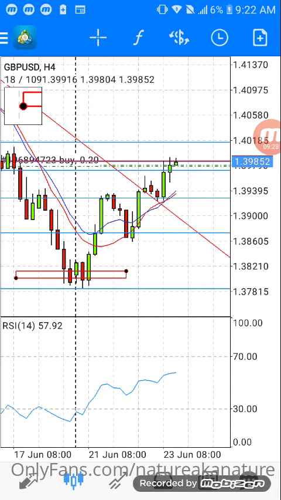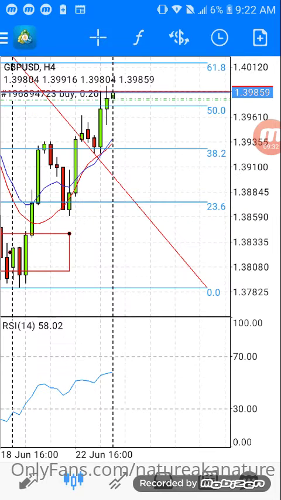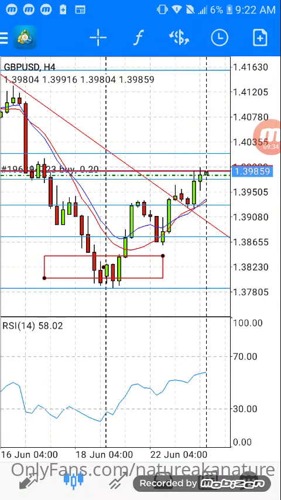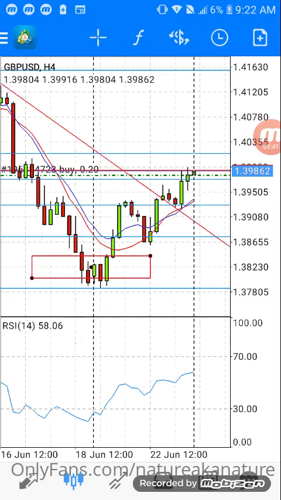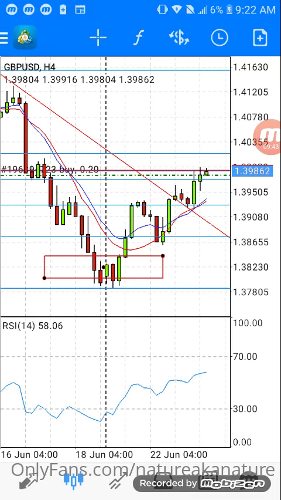So we would wait for price to break this box. Once price breaks this box, boom, we will get in. As soon as price broke the box, because it was in a little mini consolidation right here, it broke the box.